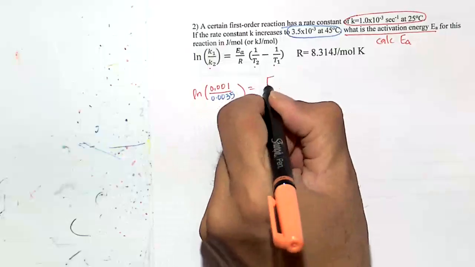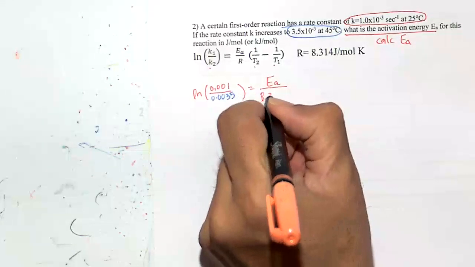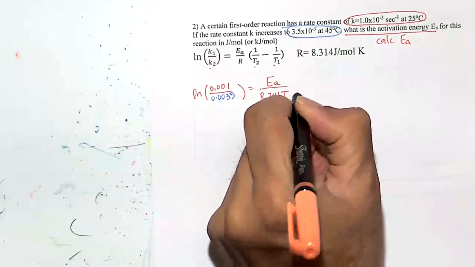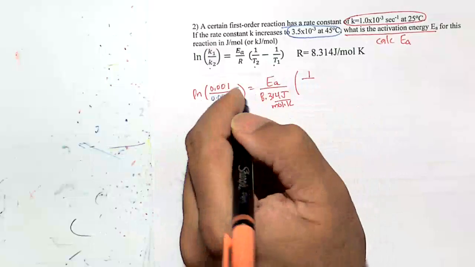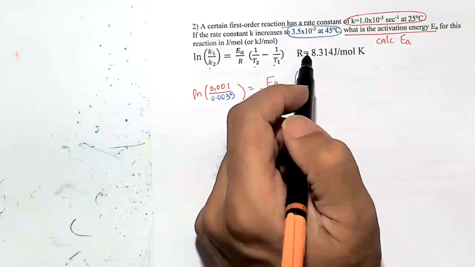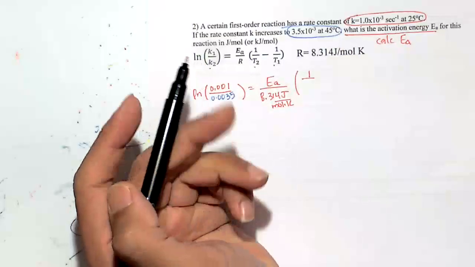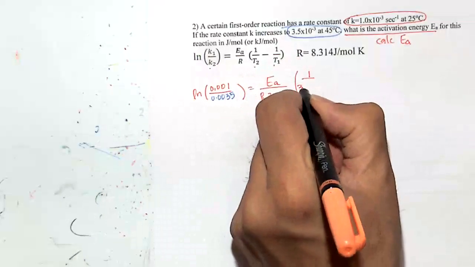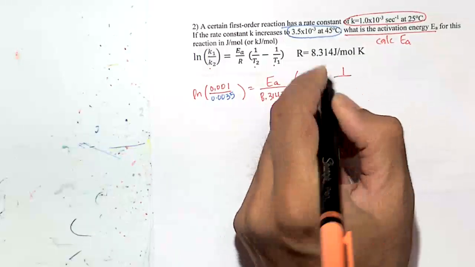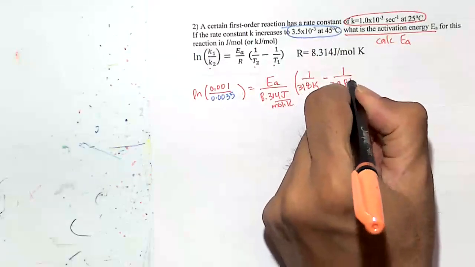We want to calculate Ea. R is given to us as 8.314 joules per mole Kelvin. We're going to put the temperatures in Kelvin. So what's 45 plus 273? 318 Kelvin. What's T1? This is 298 Kelvin.